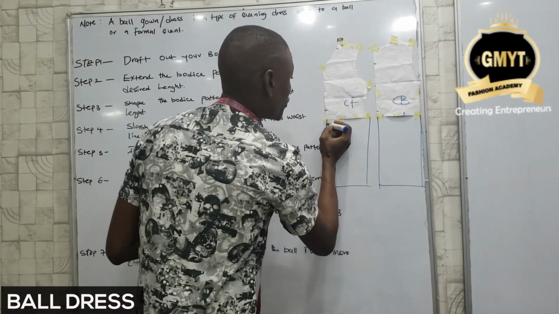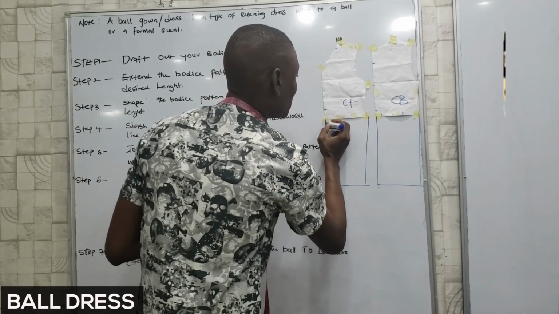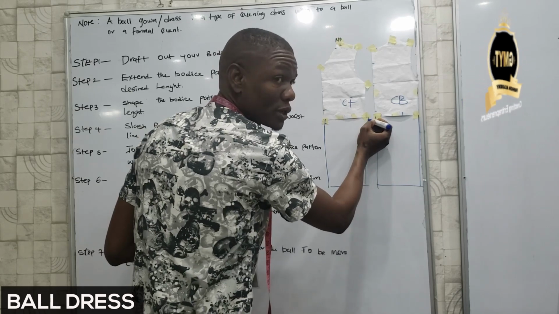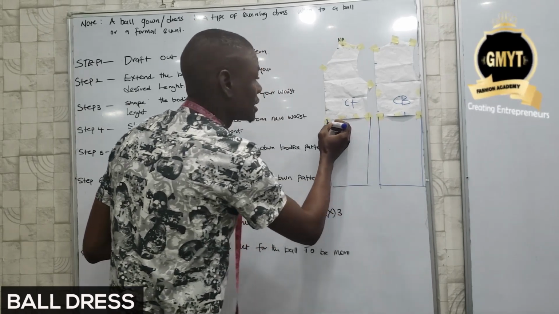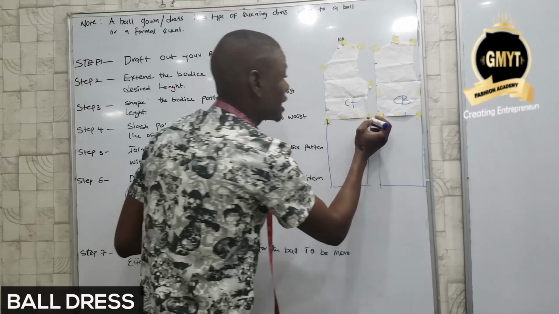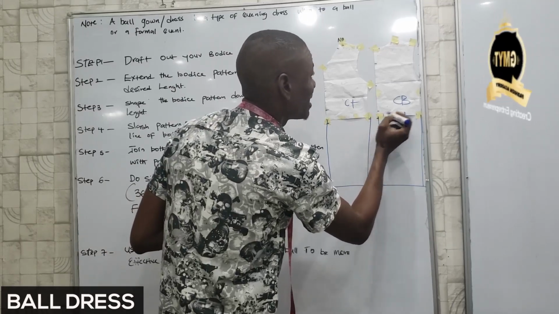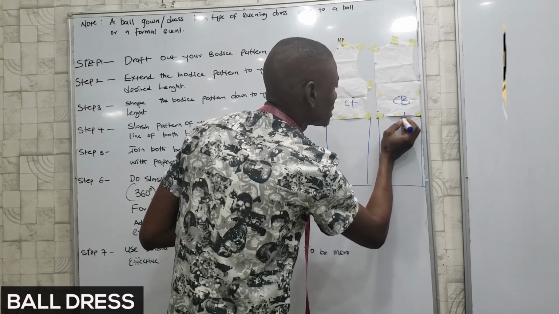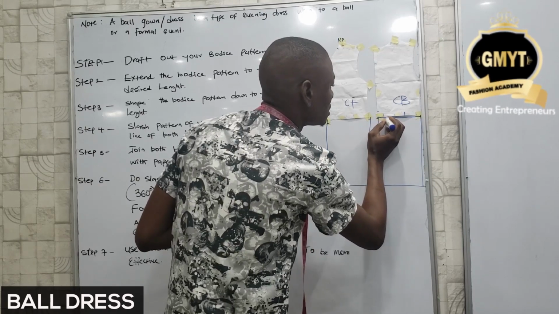Now once you go down for your new waistline it looks like this. Whatever you have for this front here, you're dividing it into 2 for the side. Let's say we are using 1 cm for this point here. For the side will be 0.5, this other side will be 0.5. Then the back, take note, you are not taking anything, it goes like this. Can you see?